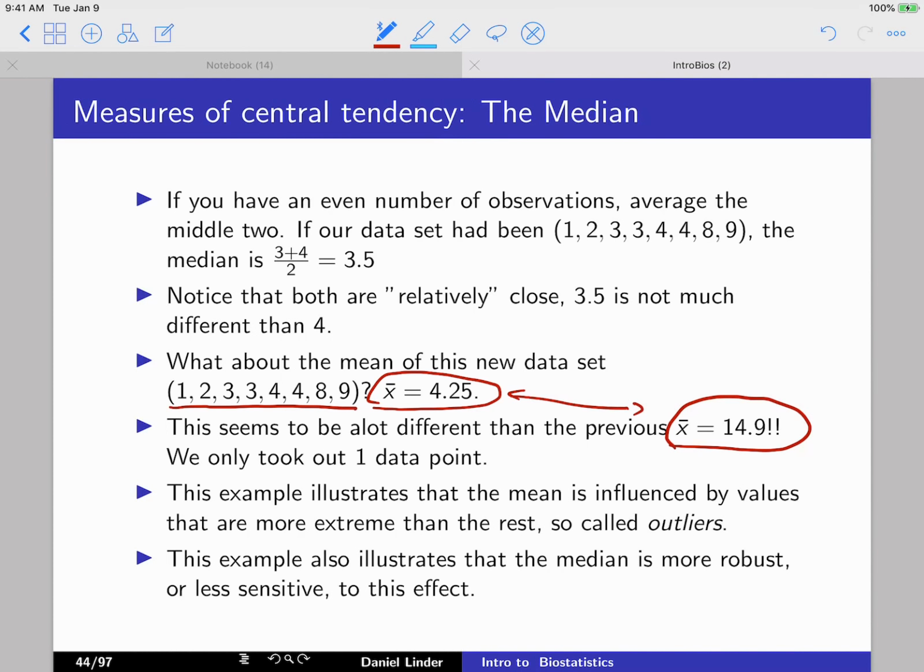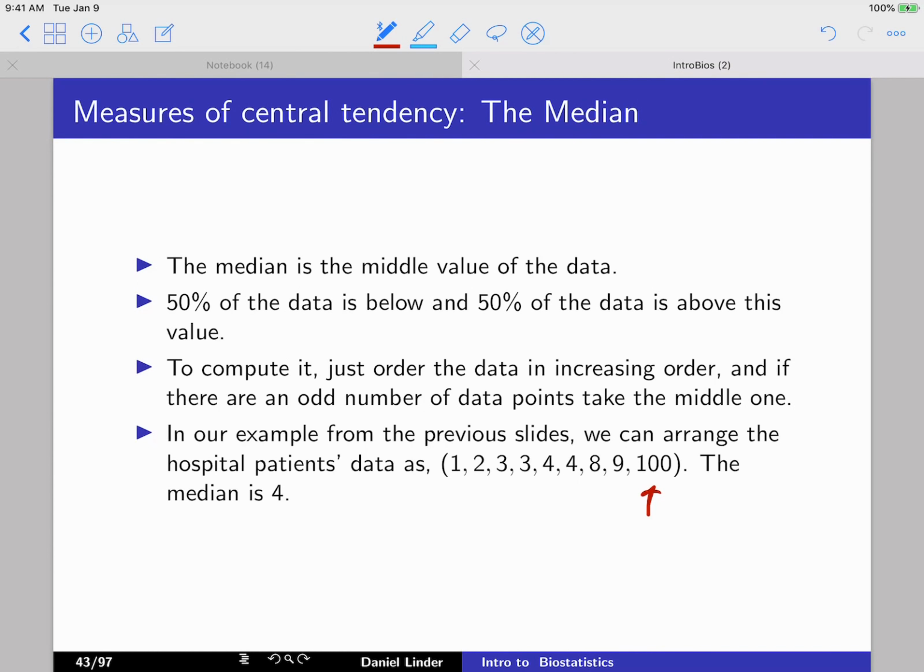So this is an illustration of how the mean can be influenced by values that are more extreme than the other data points in your data set. These are the so-called outliers. So the value 100 is kind of different than the rest of the values here. There are formal ways and formal metrics to tell whether or not a data point is an outlier, which we may discuss later.